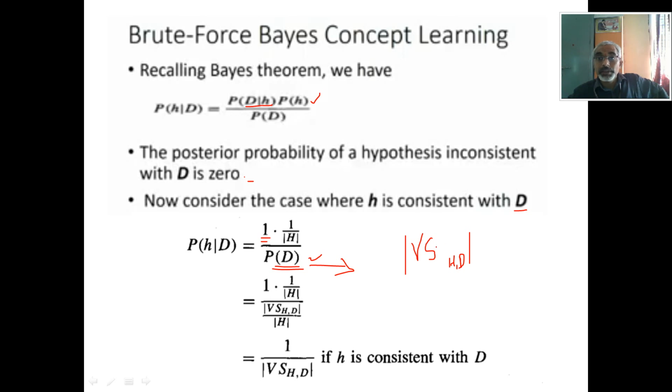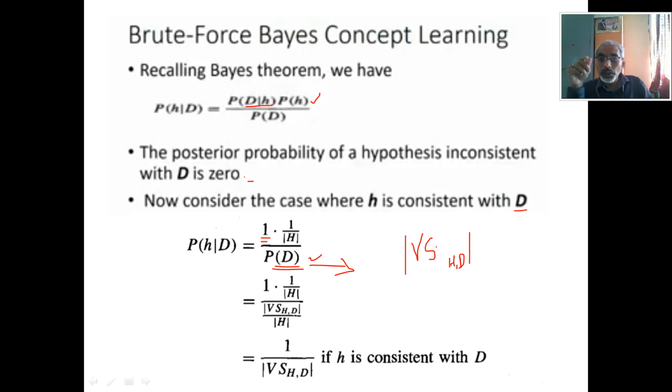From where did we get this? Remember, go back to your first module, concept learning. In concept learning, we defined what is called a version space. So now we are going to consider the version space. What is that version space? All hypotheses which are consistent are the only ones we are considering in our version space. When we discussed the candidate elimination algorithm, try to go back to your first module and read that.